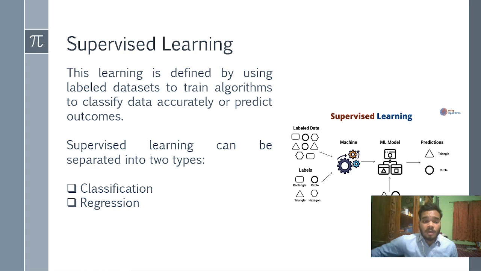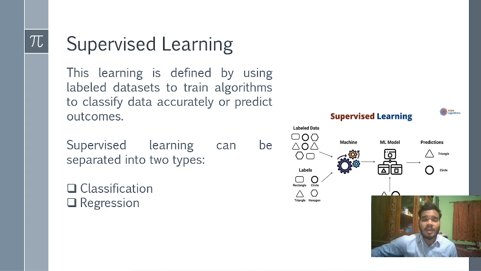There are two types of supervised learning. One is classification, another one is regression. In classification, we classify images or any kinds of objects with the help of the machine. And in the regression part, one input is related to the output. When we give an input, it will show a relevant output for that input.